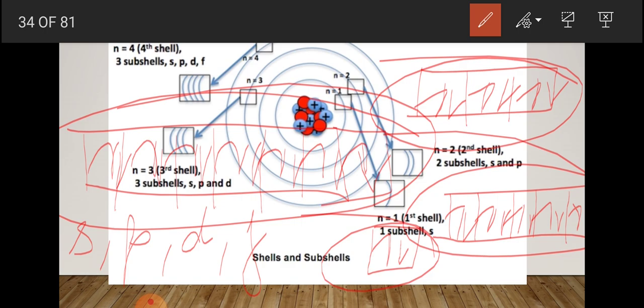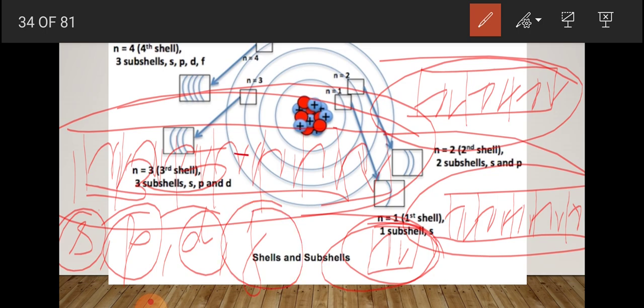Since an orbital can have at the maximum 2 electrons, the number of orbitals in S, P, D and F subshells are, as I have told you, S1, P3, D5 and F7. Okay, so in 1, 2 electrons, in 3, 6 electrons, in D5, 10 electrons, in F7, 14 electrons.